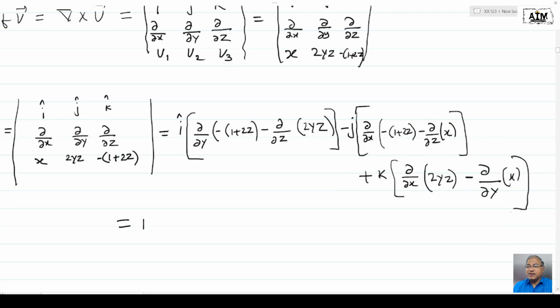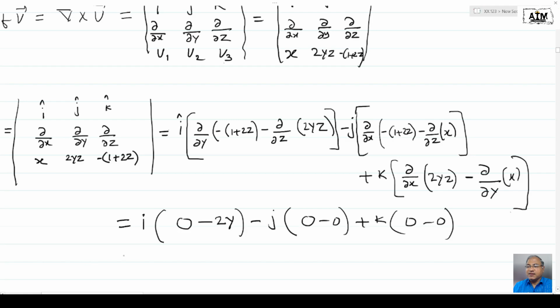So this equals i times (0 minus 2y) minus j times 0 plus k times (0 minus 0), which equals minus 2y i cap. Therefore, the curl of v equals minus 2y i cap.